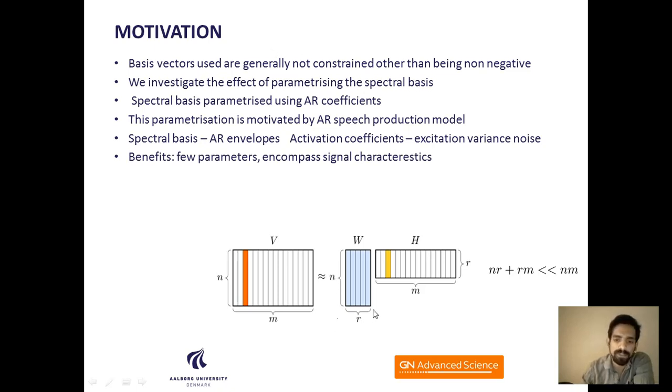The spectral basis matrix here would consist of the spectral envelopes corresponding to the different AR coefficients arranged along its columns, and the activation coefficients can be physically interpreted as the variance of the excitation noise that excites the corresponding AR filter.